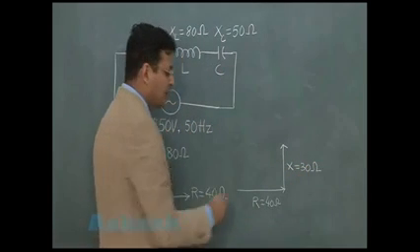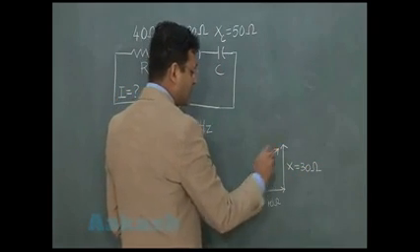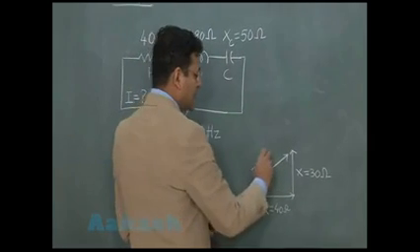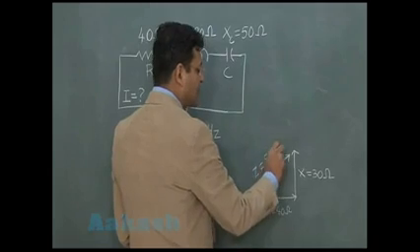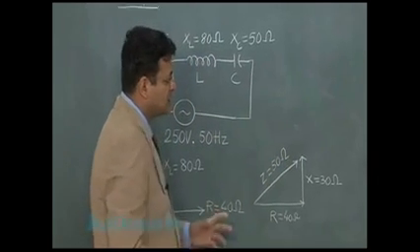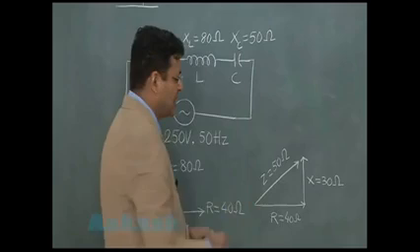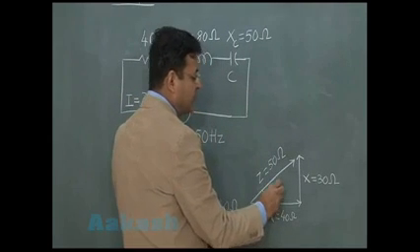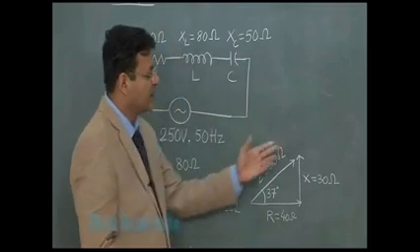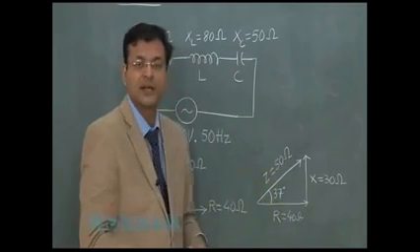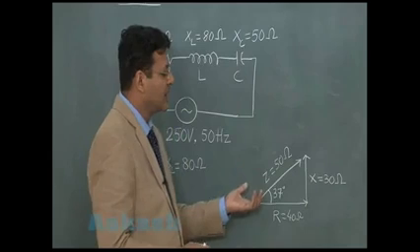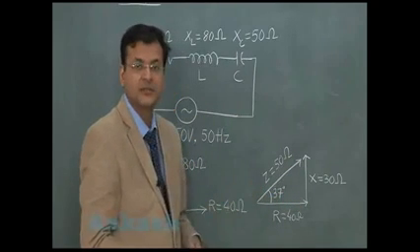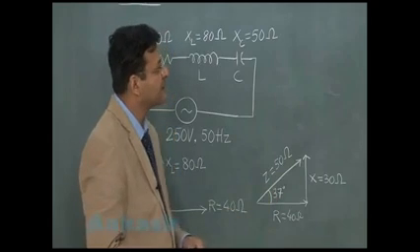The total impedance Z will be the Pythagoras of 30 and 40, making it 50 ohm. For simplicity, this angle is approximately 37 degree, the standard value for a right angle triangle with a 3, 4, 5 ratio. Here the inductor is dominating, so this phi value is on the positive side, 37 degree.